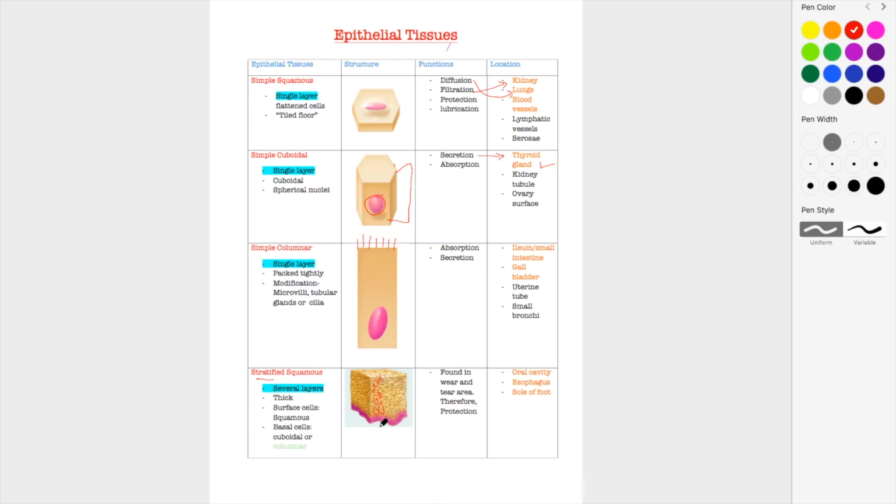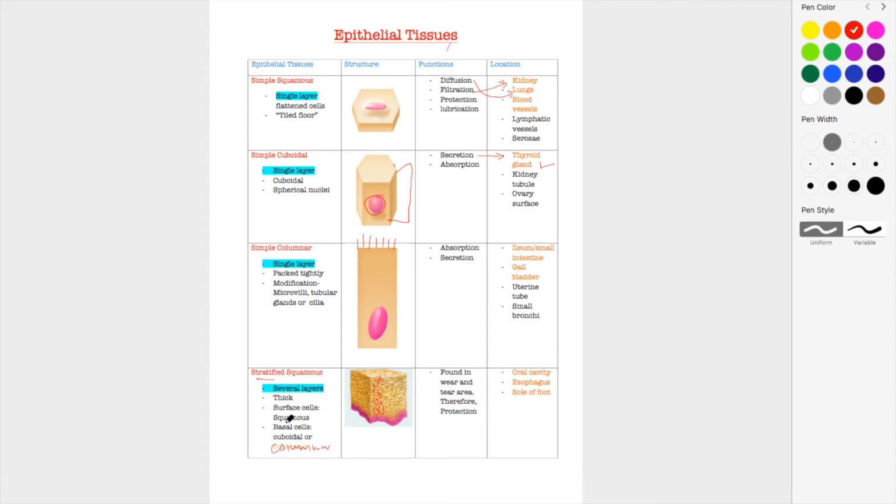Basal cells are usually cuboidal, or you can think of columnar, but the surface cells are usually squamous in nature. I wrote here that this is columnar, so cuboidal or columnar.